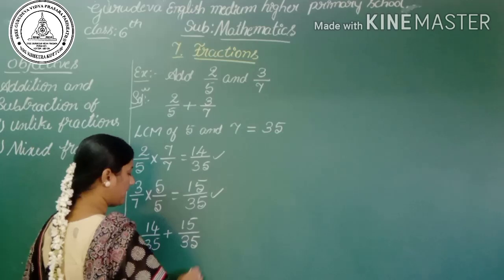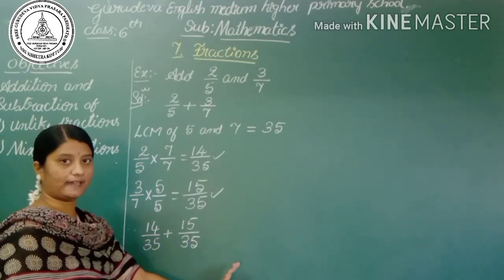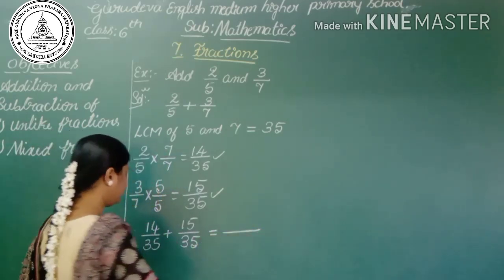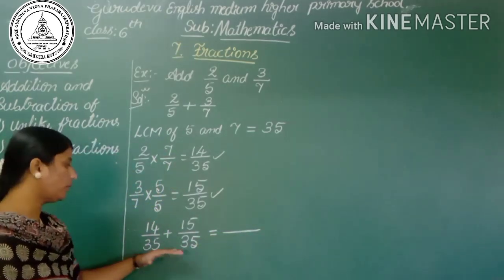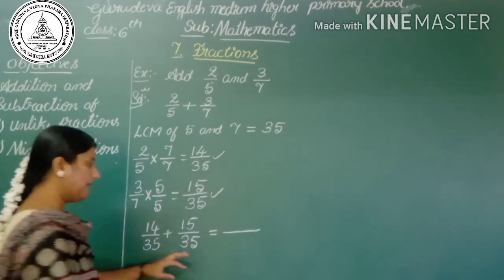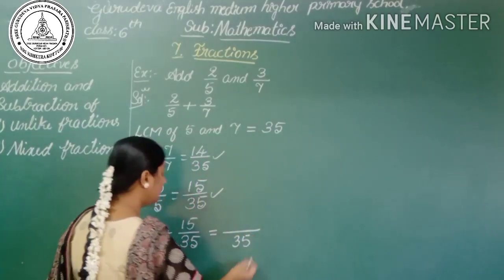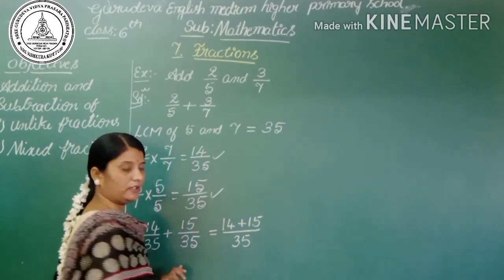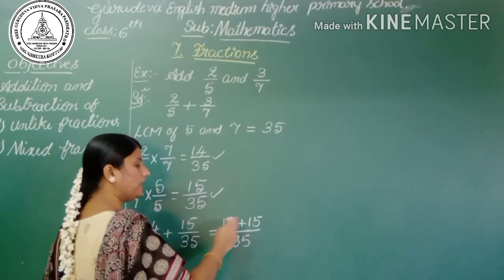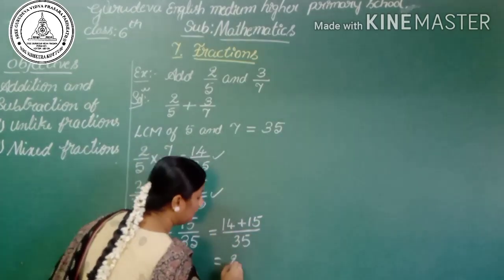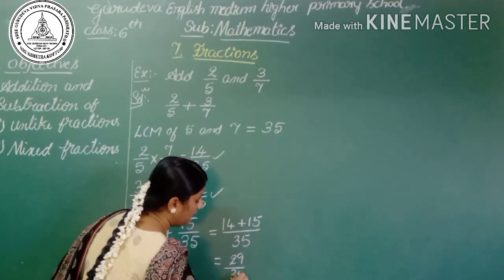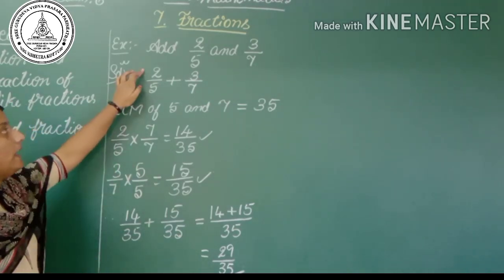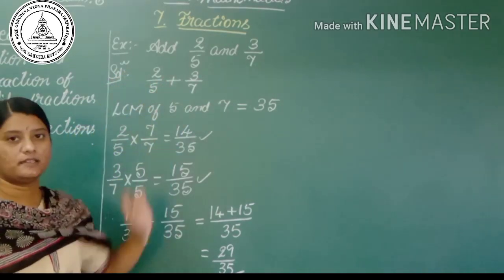These two fractions are now like fractions, so we keep the denominator as it is and add the numerators: 14 plus 15 is 29. So 29 by 35 is the sum of the two unlike fractions 2 by 5 and 3 by 7.